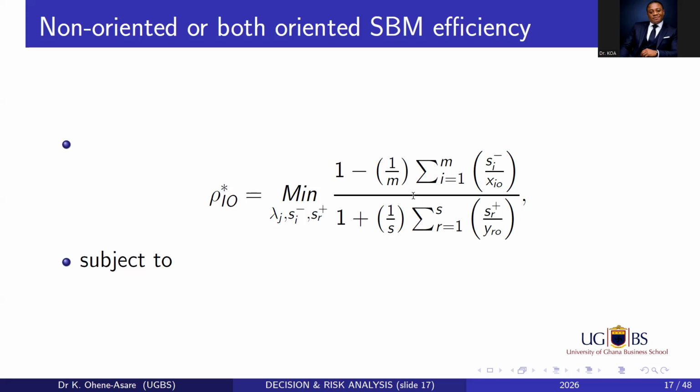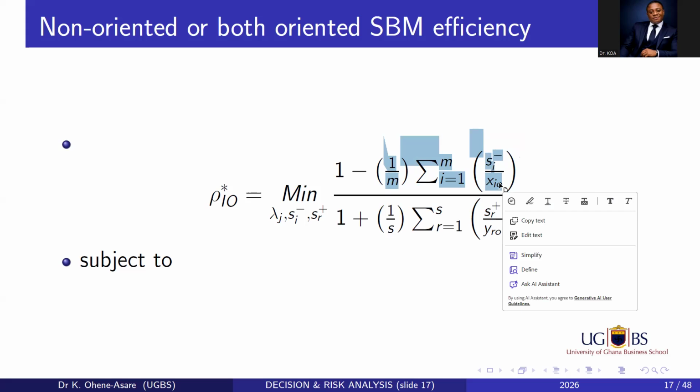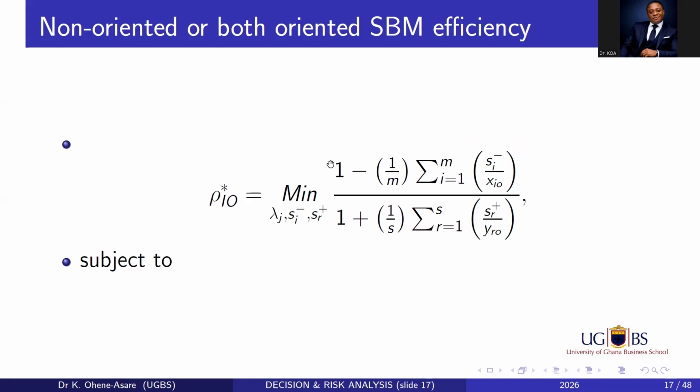So when you reduce the sum of the slacks, you can force the whole of this part here to be what? 0. Once you force it to be 0, now eventually you have 1 minus 0. So have it in mind, you are minimizing the sum of the slacks there.